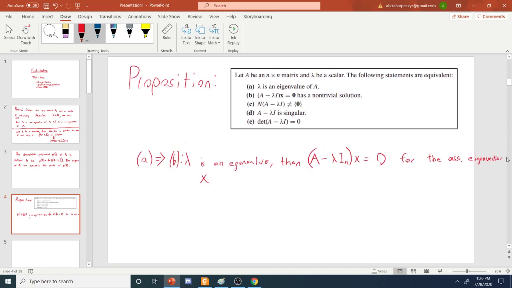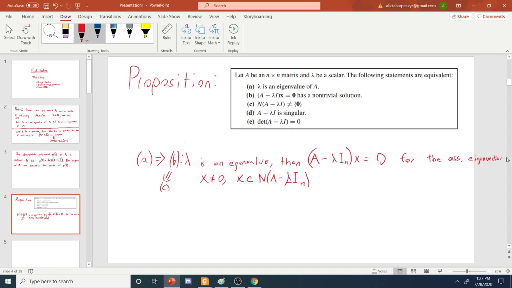And x has to be not equal to 0, so x has to be in the null space of A minus lambda times In. So in fact, I've shown not just A implies B, but also that A implies B implies C.